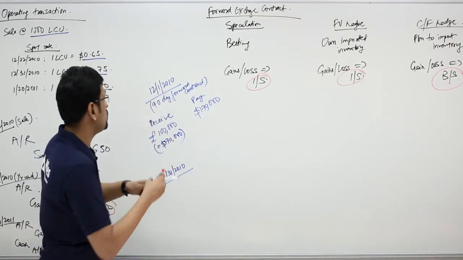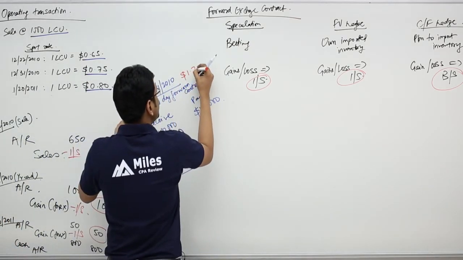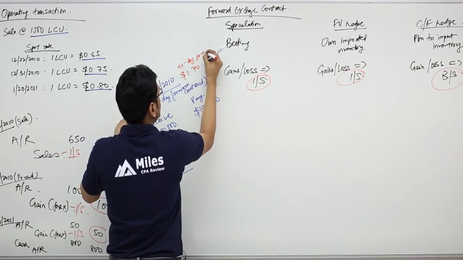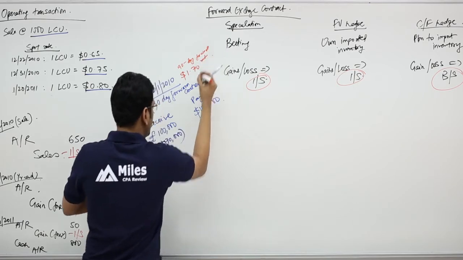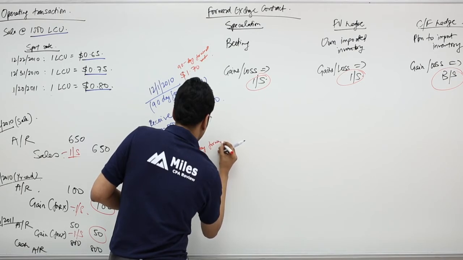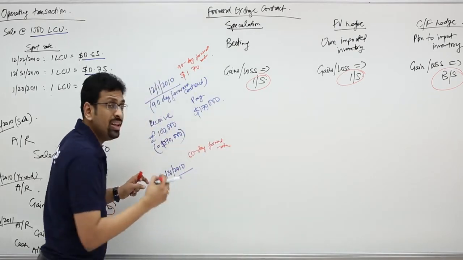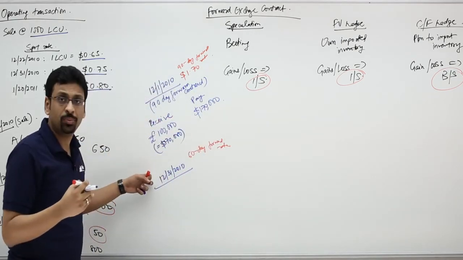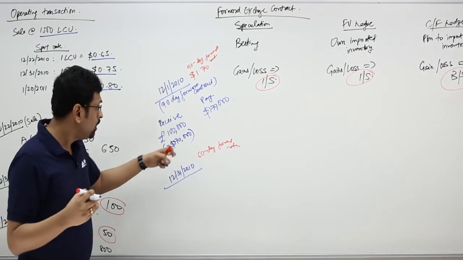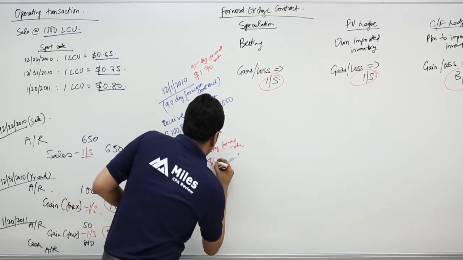Here it was $1.70, the 90-day forward rate. Here we look at the 60-day forward rate, because now only 60 days are left for the contract to be settled. There's a 30-day gap between 1st December and 31st December.